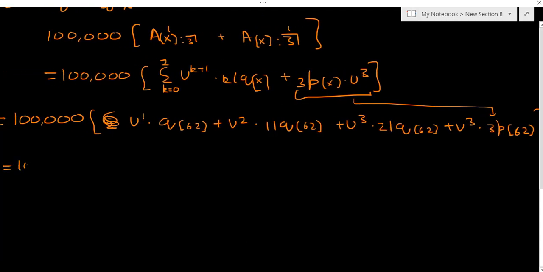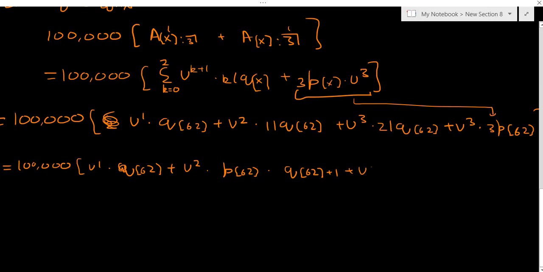So this is just 100,000, and this is v to the power of 1, this is q62 obviously, plus v square into, and now this is a deferred probability of death, so it would be the probability that a person aged 62 survives for 1 year, and then the probability that a person aged 62 plus 1 dies within 1 year.